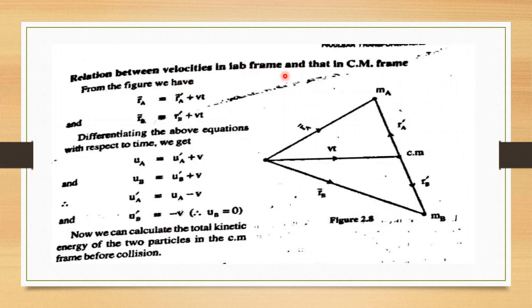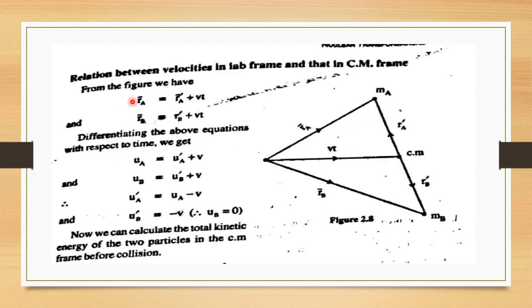What is the relation between velocities in the lab frame and that of the center of mass frame? MA and MB are the two particles. This is the center of mass. This is RB dash and this is RA dash. Here it is RA and here it is RB. This is Vt.